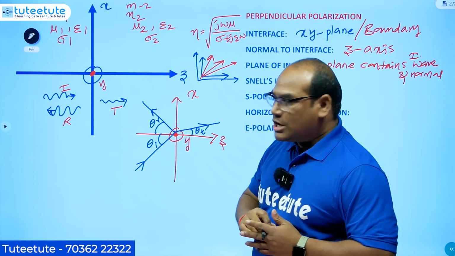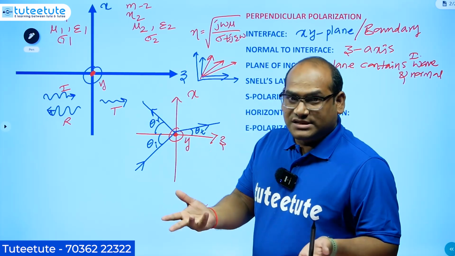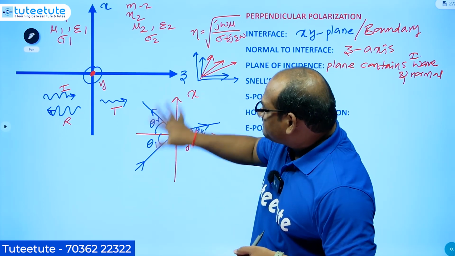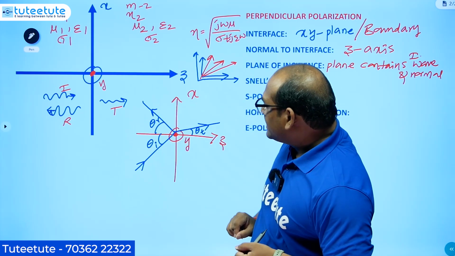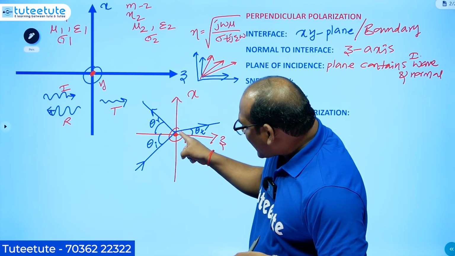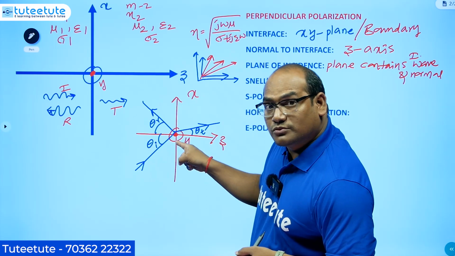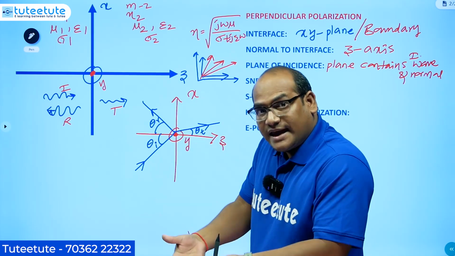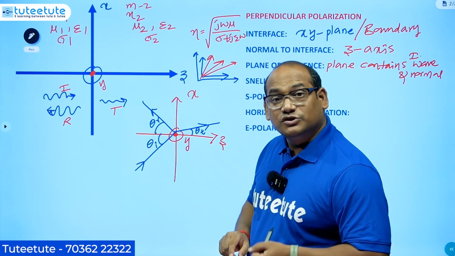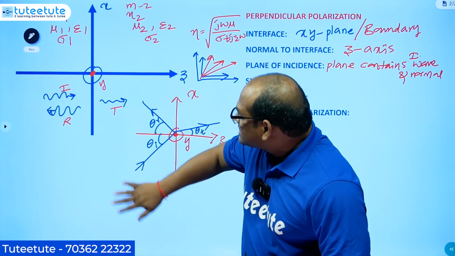Now in our case, what is the plane of incidence? Observe this screen. Whatever screen you are seeing contains the electromagnetic wave and the normal also. In which plane are the normal to the boundary and the electromagnetic wave available?